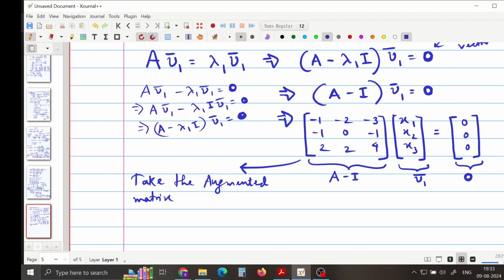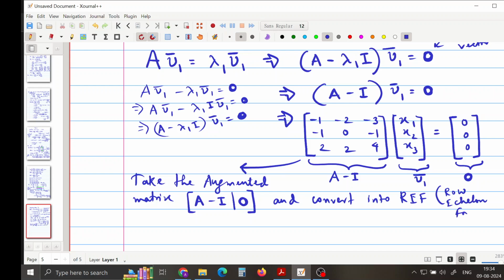So the augmented matrix is basically this coefficient matrix, which in our case is A minus identity, and you also concatenate it with the vector on the right hand side, which in our case is the zero vector. Okay, so you form a larger matrix like this. You take this and convert it into REF, which is known as row echelon form.